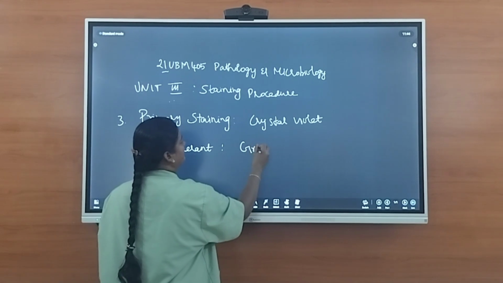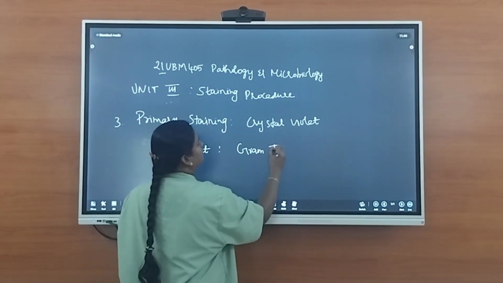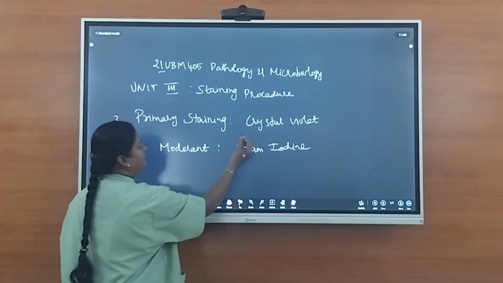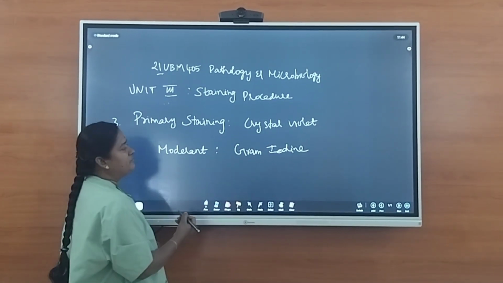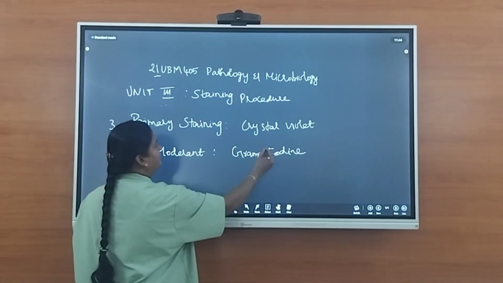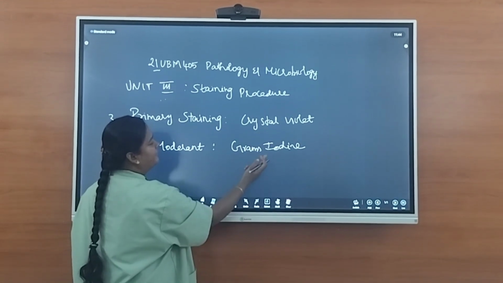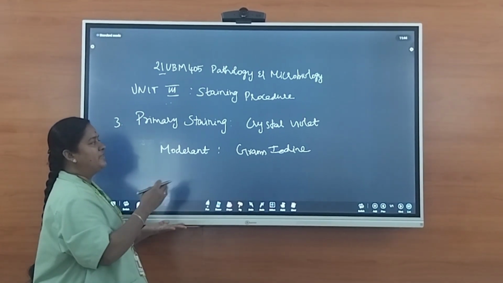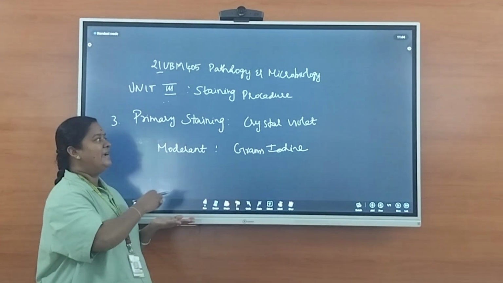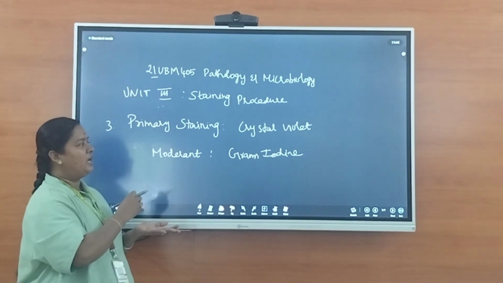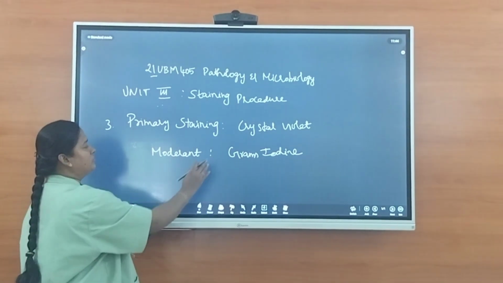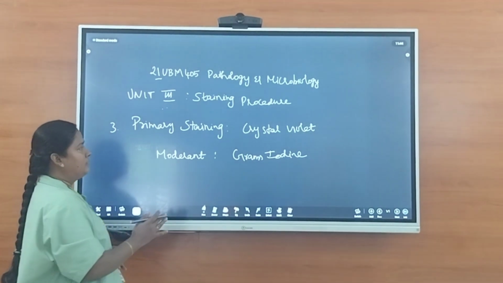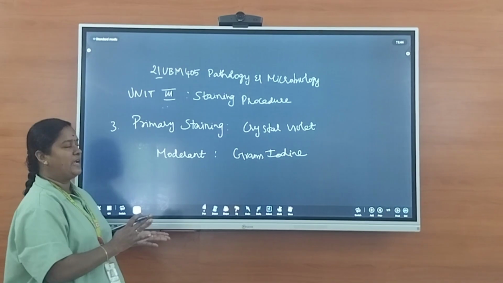Gram's iodine is a mordant used for fixing the stain. Crystal violet is fixed with the mordant called Gram's iodine. So after adding crystal violet, we pour some Gram's iodine on the slide. First we smear, then add crystal violet, then add Gram's iodine. Now the crystal violet is fixed with the Gram's iodine.